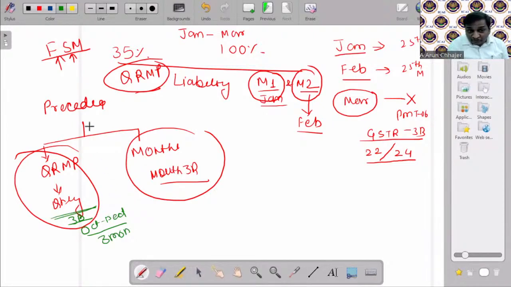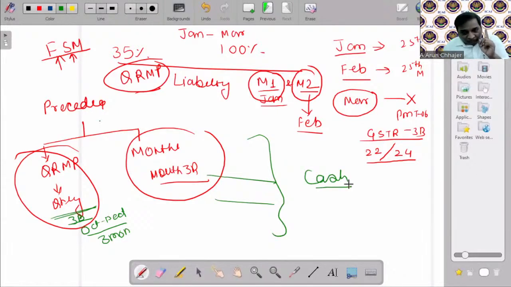Whatever portion you have paid through cash, while filing the GSTR 3B, either the tax liability is discharged using the input tax credit, or if ITC is not sufficient, then you may have used your cash also. Point to be noted, the amount which you paid through cash, multiplied by 35%.